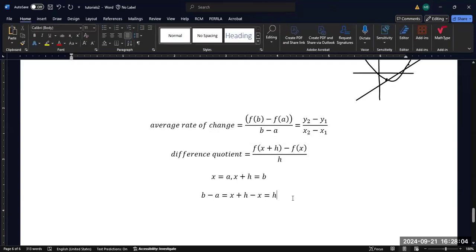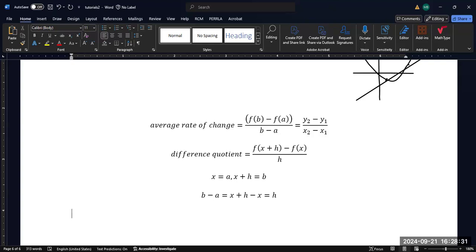Now, a question that comes up, particularly in calculus, is, let's say I want to know what the function is doing at a particular single point on the graph. Well, one way that I can try to think about that is I can make my secant line, but I can make the points closer and closer and closer. When they're very far away, they're not going to behave very similarly to a point on the curve.